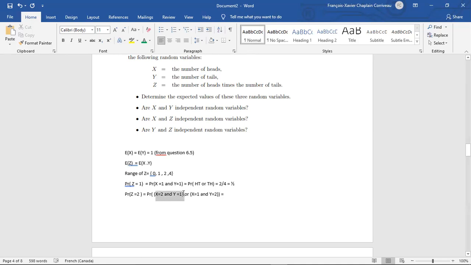This is not possible, and this is not possible. Right? I cannot have 2 heads and 1 tails because I'm flipping the coin twice. So this is equal to 0 plus 0. There are only 2 flips.